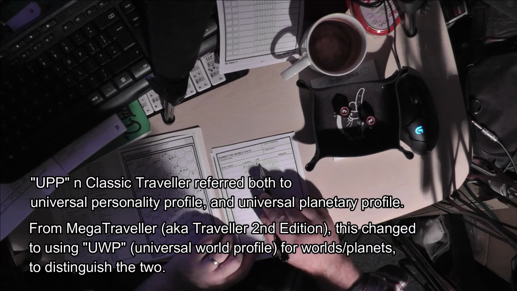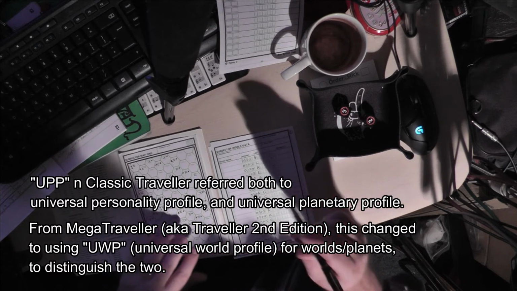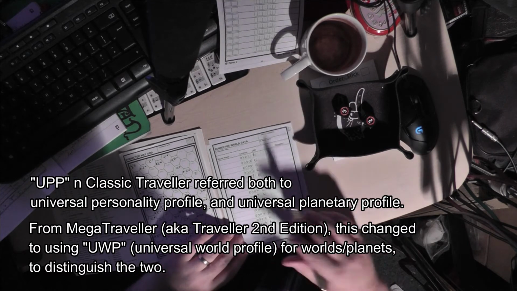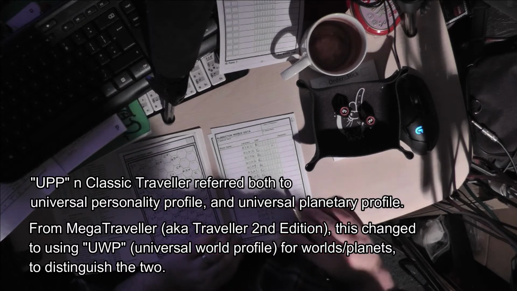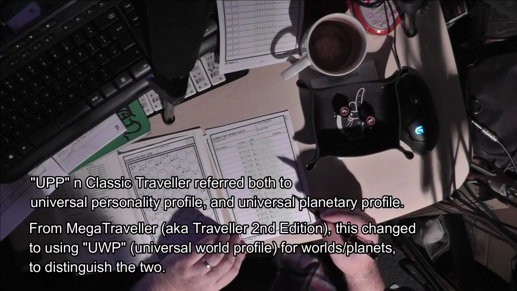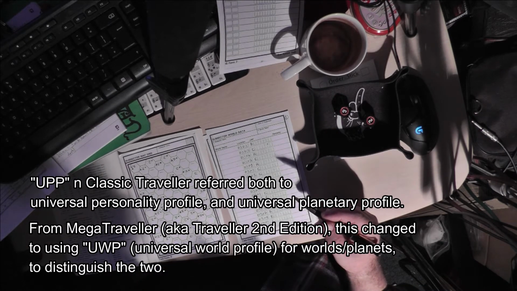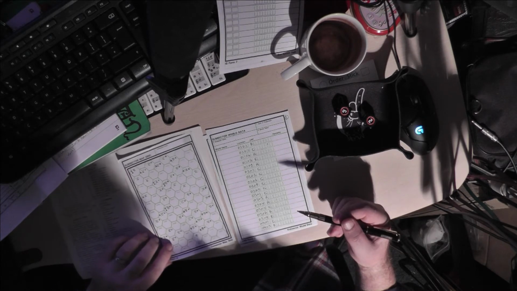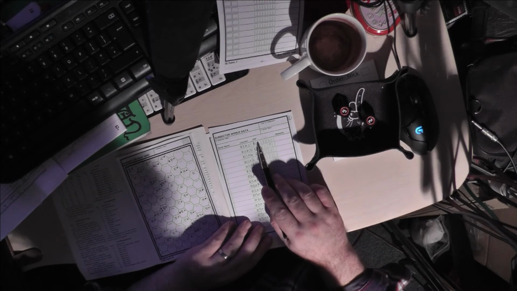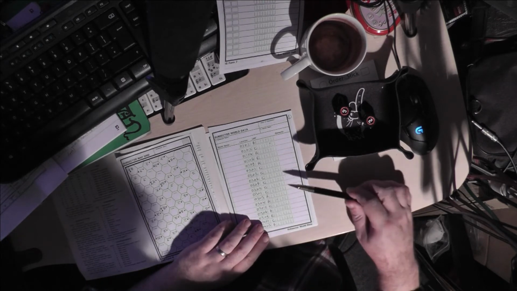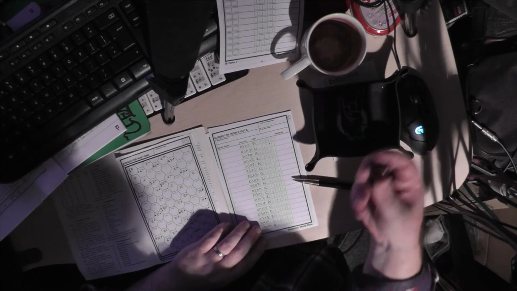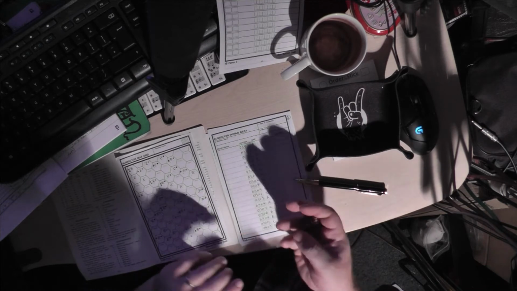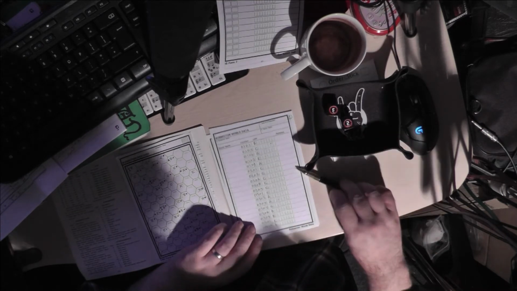Just to say, UPP or UWP, I prefer UWP, as it is in later editions of Traveller, because UPP is also used for personality profile. It's just a little bit messy in the terminology. Right, so the next digit along is world size, and that is just a straight 2d6 minus 2 roll. So, see you in a bit.